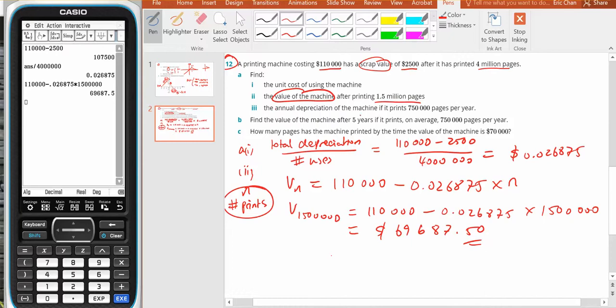Part C, the annual depreciation of the machine if it prints 750,000 pages per year. Okay, so part three is easier because you're simply finding the amount it depreciated by.